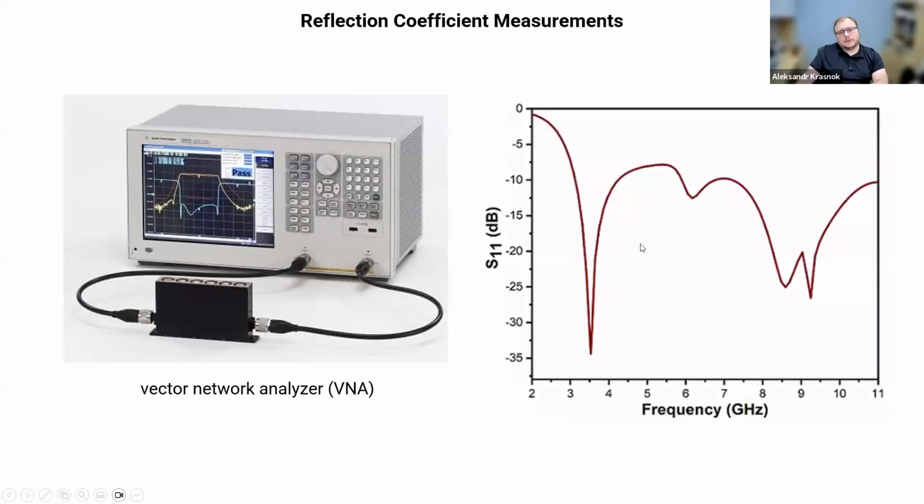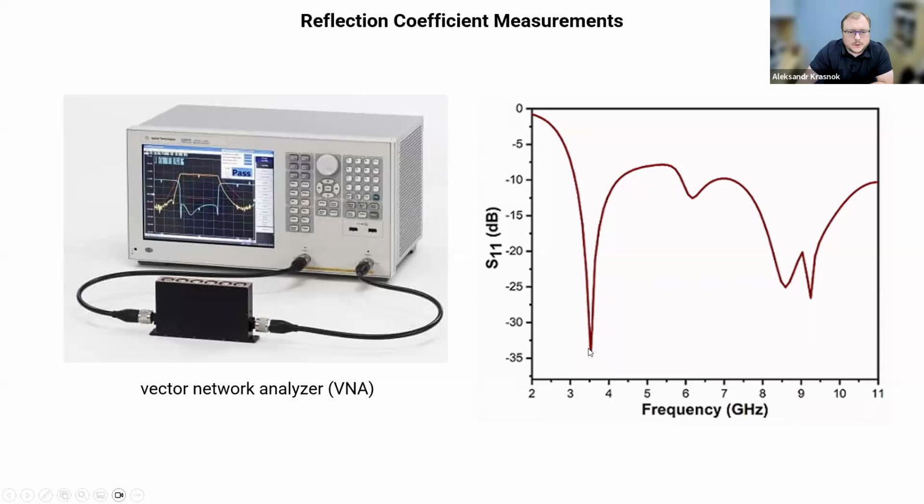The typical result of the experiment looks like this. It's the magnitude of this reflection coefficient in terms of dB. So you send a wave with a power of 1 watt, and this curve describes how much energy returns to you, returns to the generator, returns to the VNA.